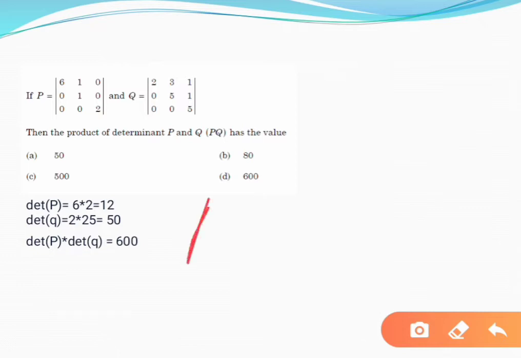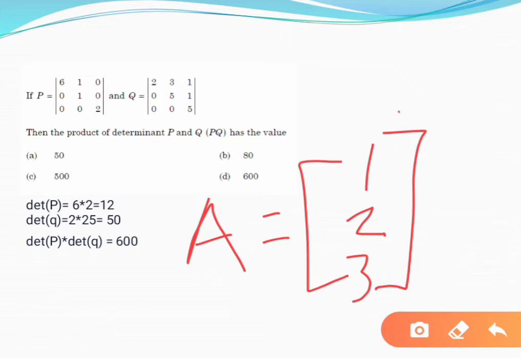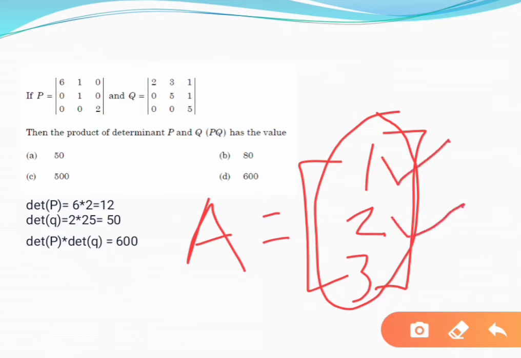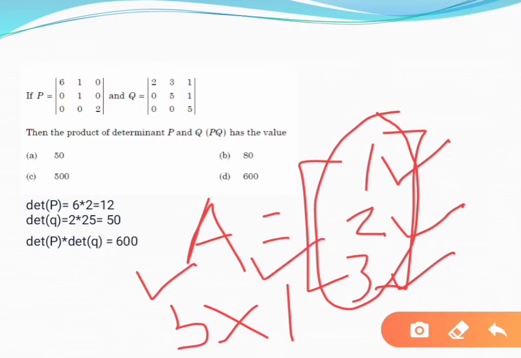The example of a column matrix is 1, 2, 3. As you can see, there is only one column. The number of rows is 3, so the order of that matrix will be 3 into 1. 3 is the number of rows, 1 is the number of columns.